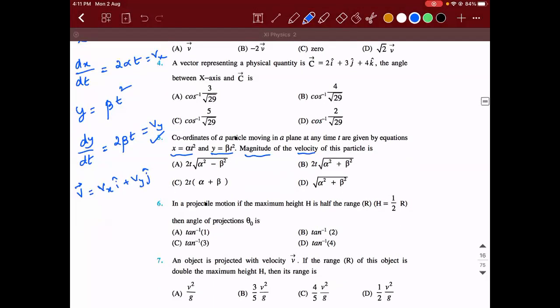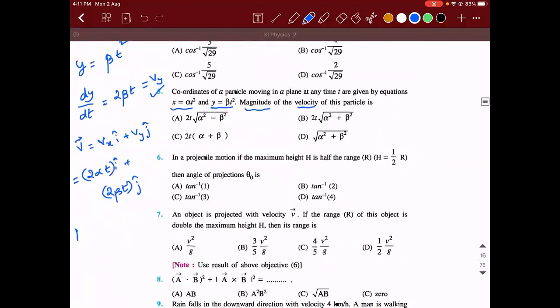Correct? So that is 2 alpha t i cap plus 2 times beta t j cap. So what is the magnitude of this, guys? It will be root of 2 alpha the whole square plus 2 beta the whole square. So what will be the answer? 2 into root of alpha square plus beta square.